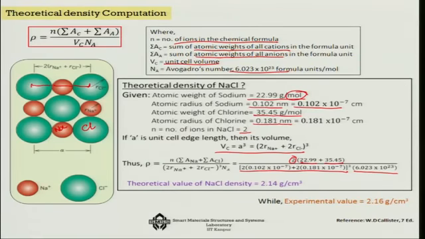So you divide, and you get the sodium chloride density as 2.14 gram per cm cube, and the actual experimental value is about 2.16 gram per cm cube. So that means we are pretty close in terms of the estimation.